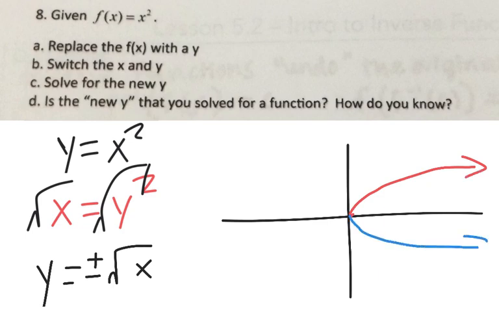What does that look like? Sideways parabola. But is it a function? It's not a function because it doesn't pass the vertical line test. And we don't like dealing with stuff that's not a function because that just is strange. So here's the bottom line.